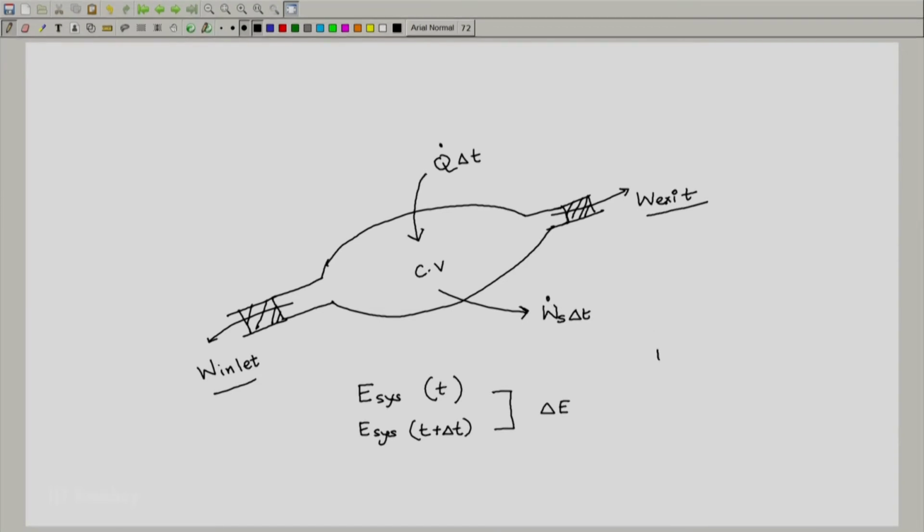Similarly, we will have energy E for the control volume at time t and energy E for the control volume at time t plus delta t. So these are the energies, work transfers and heat transfers that we consider, and now we are ready to write our equation. We will write our first law for the closed system, and then we will see how by including all the terms that we can think of, we will come up with the first law for the open system.